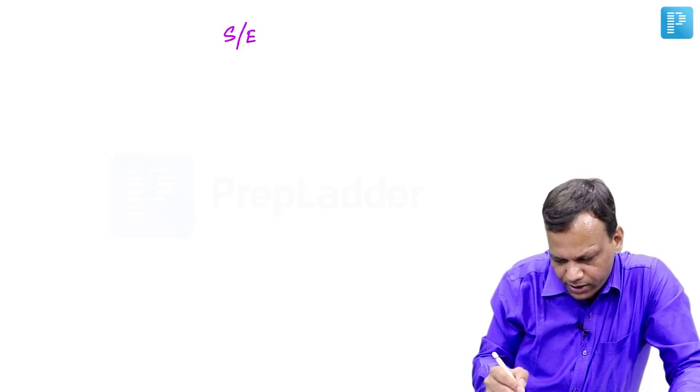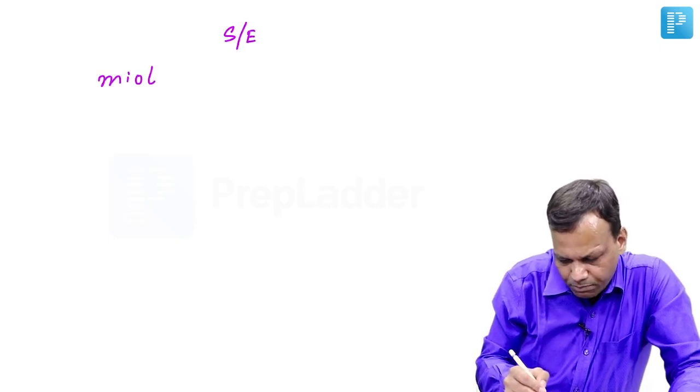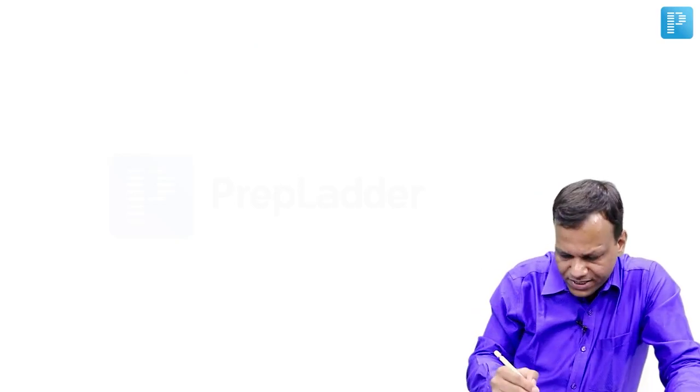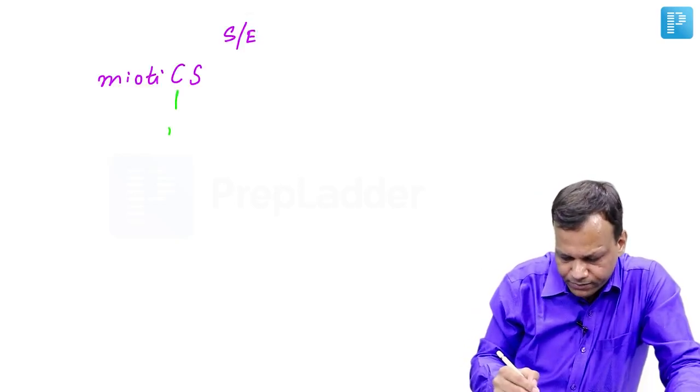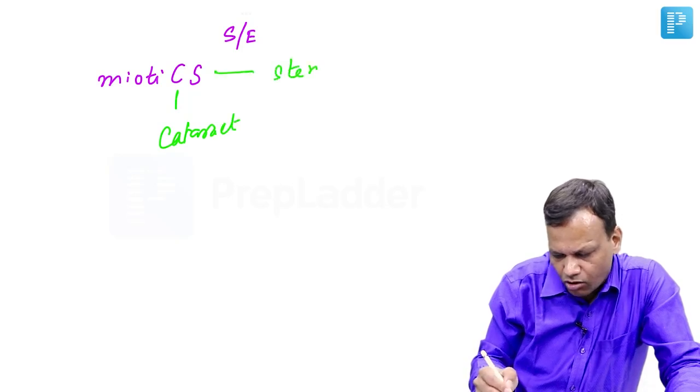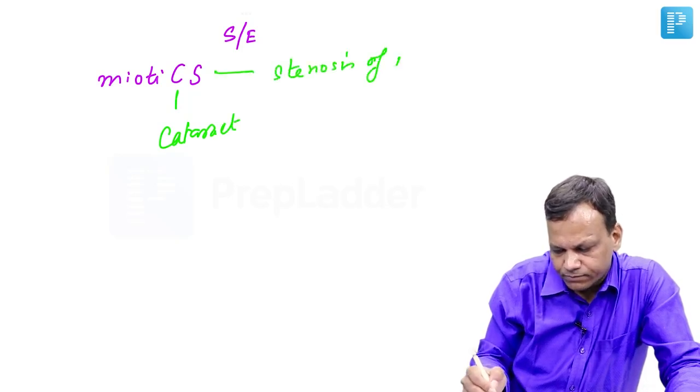Now coming to side effects of anti-glaucoma drugs, which are very important. So you can remember them like this. Miotic drugs like pilocarpine cause two main side effects. C for cataract. Miotics can induce cataract and they can cause stenosis of nasolacrimal duct.